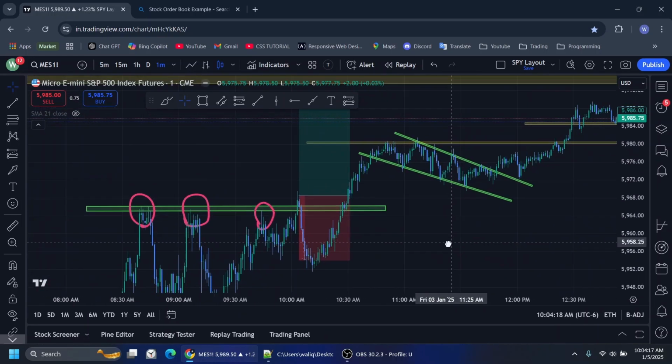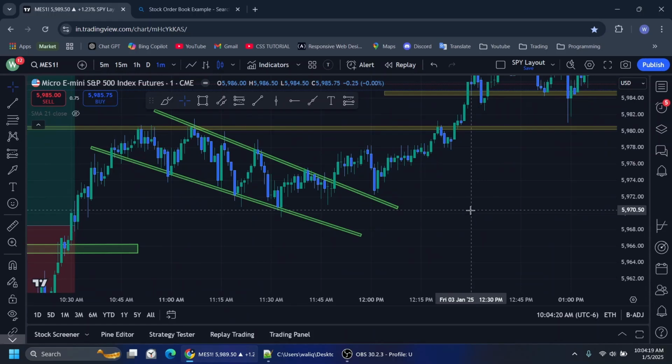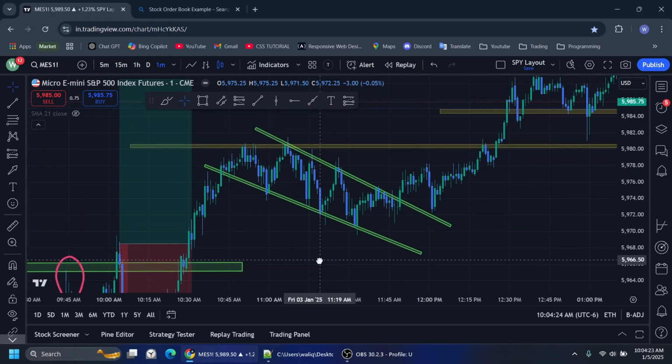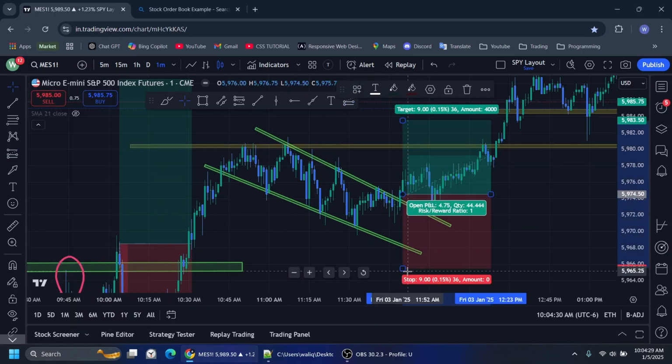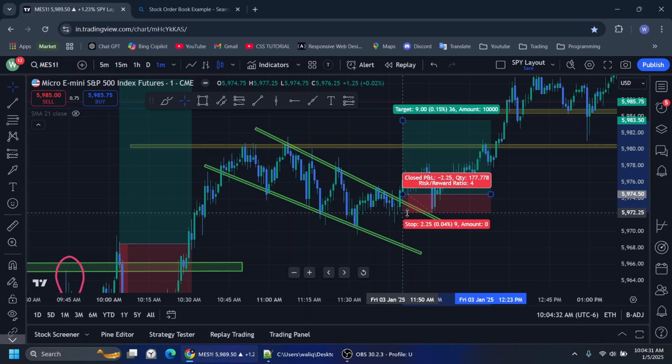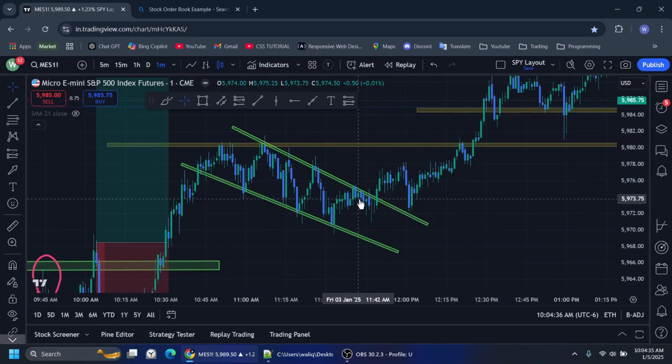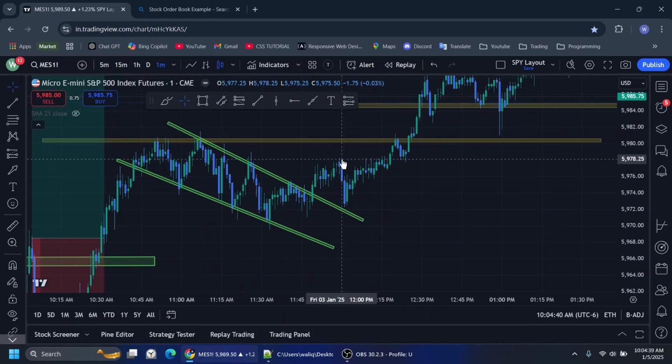Another example right here. You see, a perfect bull flag. You take a long position like this, and then the price moves in our favor, then it reverses big time. These huge candles scare a lot of buyers out of their positions.